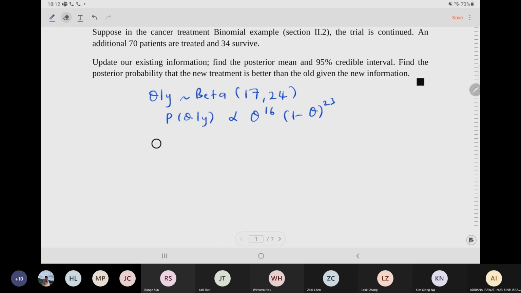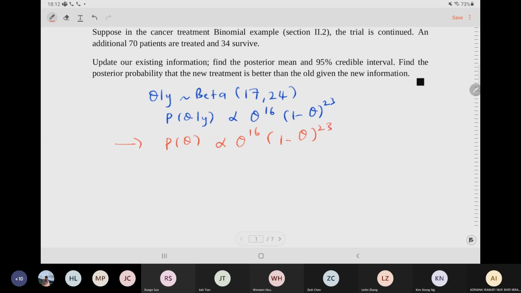If you treat it as a prior, then instead of P of theta, you can put it as a prior. Your previous posterior is now your new prior, which is beta 17, 24.